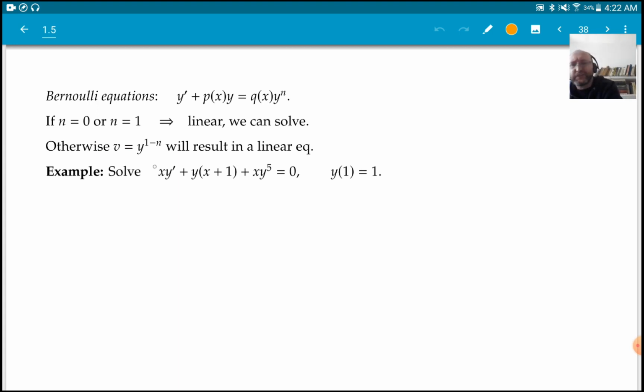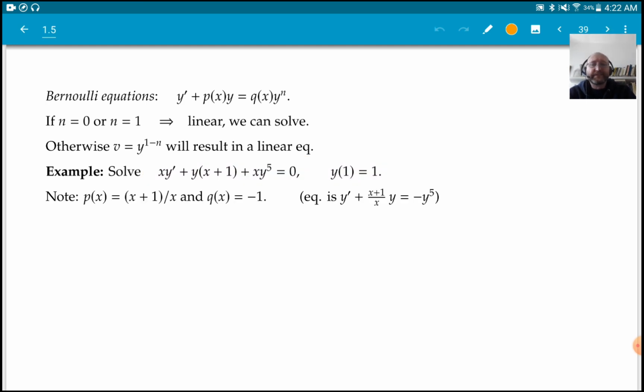All right, so let's try it. Suppose we're given this equation over here. It doesn't immediately look like a Bernoulli equation, but it sort of does. It has a y prime, a y, and a y to the fifth. You can always put this into this form.